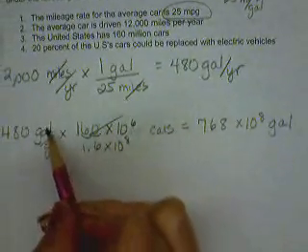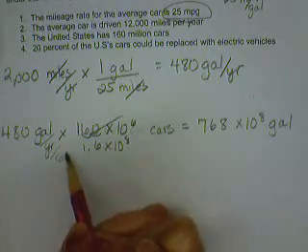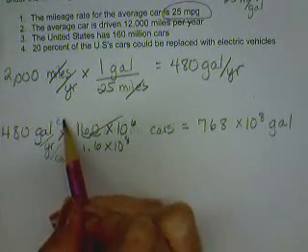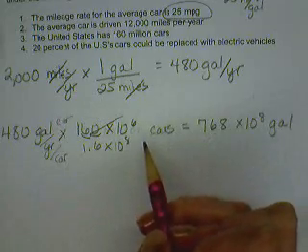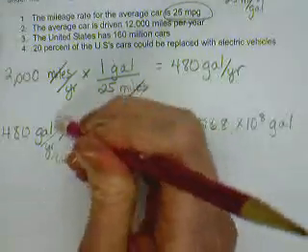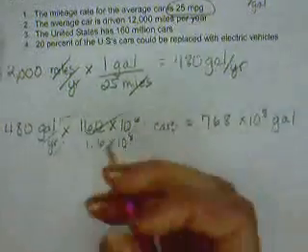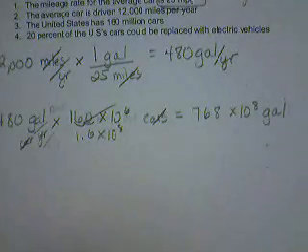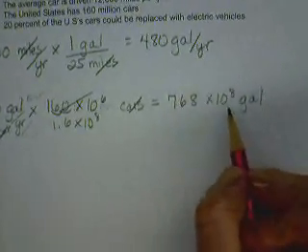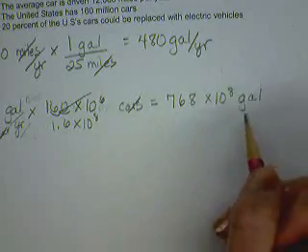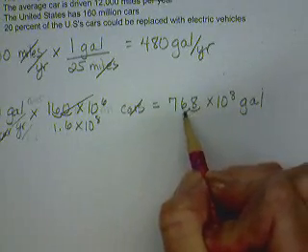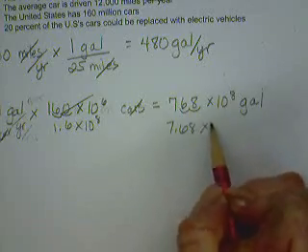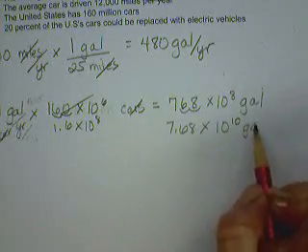The cars cancel out because this is gallons per year per car, and so this car is actually up here, and the cars cancel out. So we end up with 768 times 10 to the 8th gallons. To change it to proper scientific notation, we're going to move the decimal point back twice. So it's 7.68 times 10 to the 10th gallons of gas.